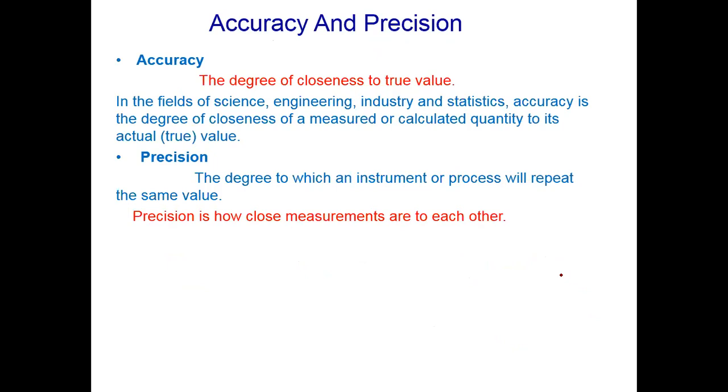Accuracy is the closeness of your result to the true value, the original value. Accurate means correct. And precision is how close the data are to each other.